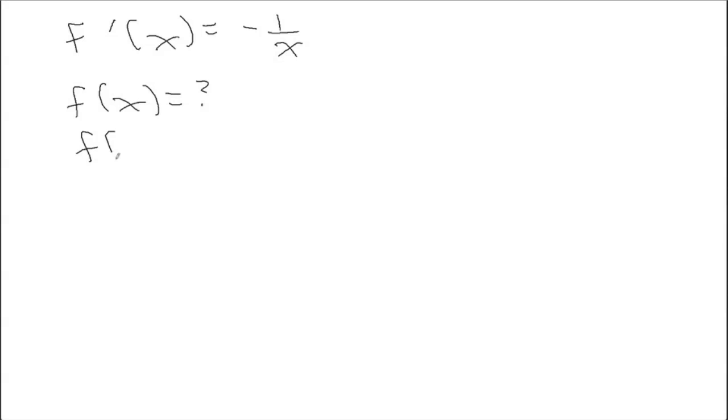Let's try this one. Okay. So we can rewrite the f prime as -1 times 1 over x. So f of x is just negative natural log of the absolute value of x plus c.